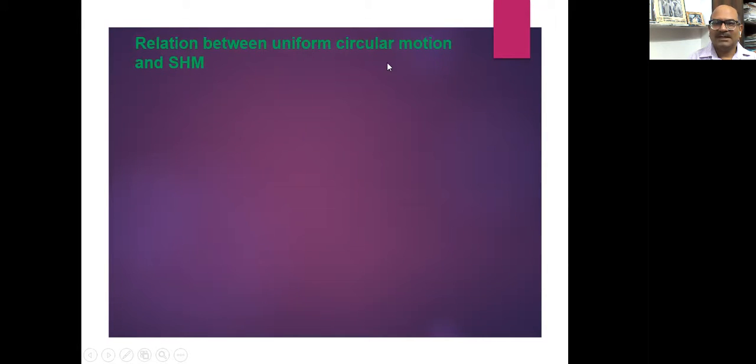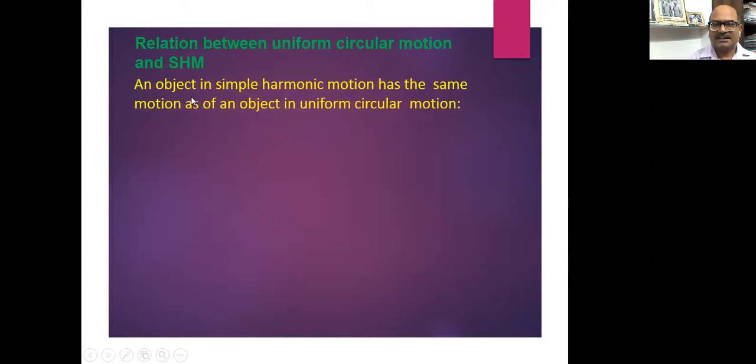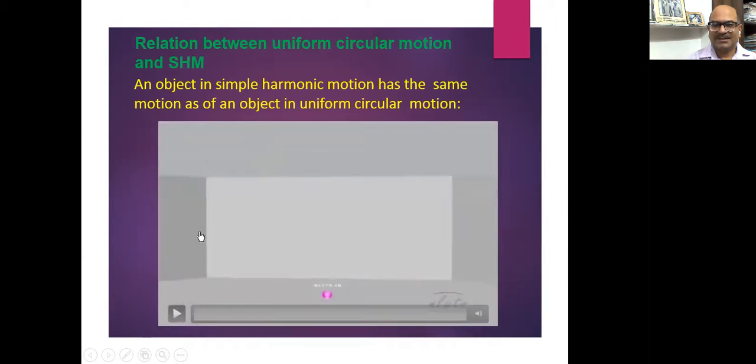So we can see that there is a certain relation: an object in simple harmonic motion has the same motion as an object in uniform circular motion.